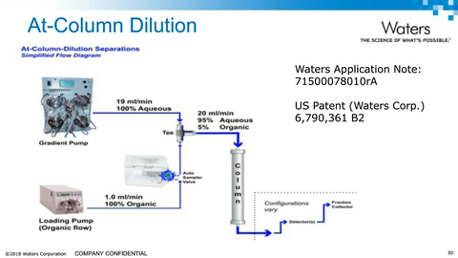It bathes the sample with organic solvent on either side of the sample slug. The gradient pump delivers the aqueous mobile phase to the other side of the T. Those two streams meet in the T and very quickly are mixed and deposited on the head of the column.